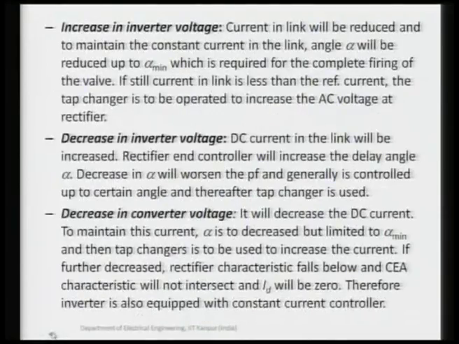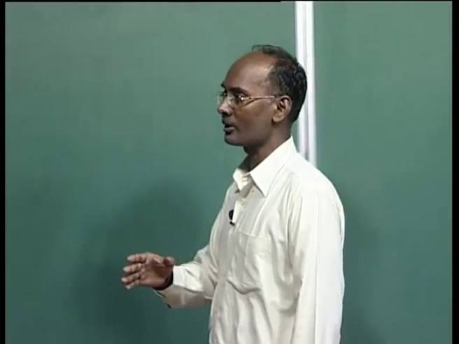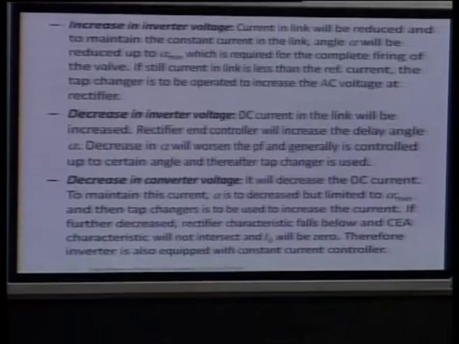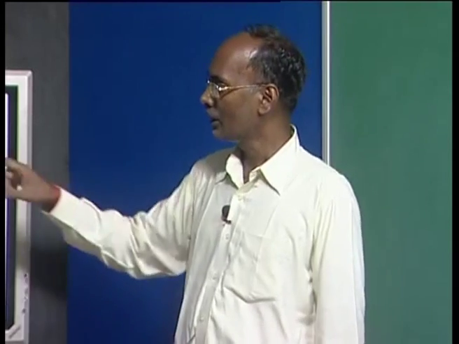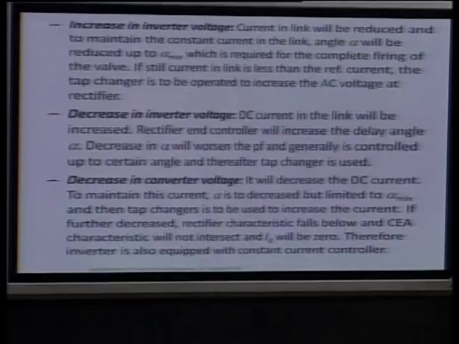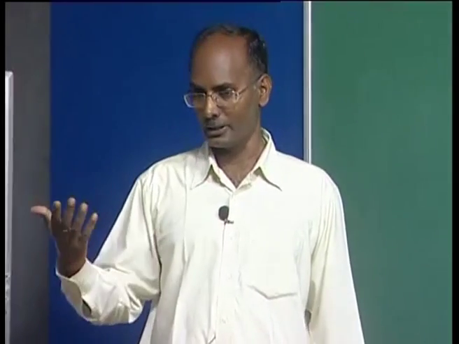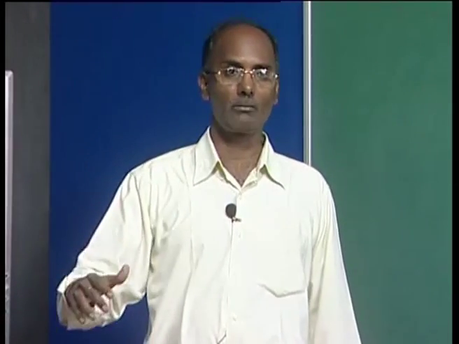So we will see. Even though we already discussed the voltage increase on the rectifier side in the previous term, now I want to discuss if the voltage is increasing at the inverter end. Then what will happen? From the current equation, you will see that if the voltage is increasing, your VDO I is increasing, and therefore your current in the link will decrease.